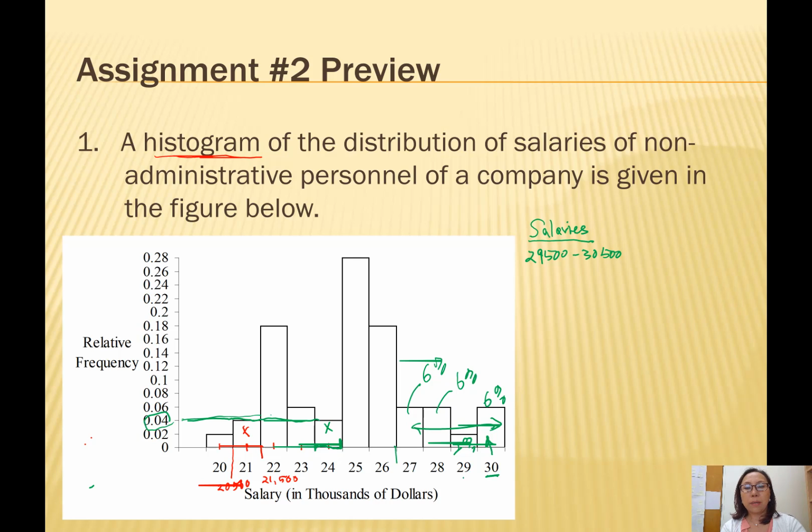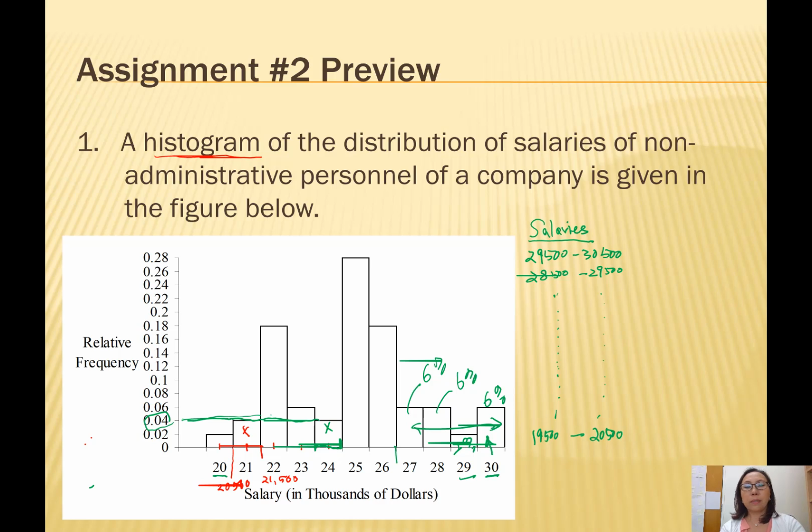The next one, the number 29, is representing 28,500 to 29,500. Okay. In a similar way, you will write down all the salaries all the way down to the bottom, to where the number 20 is, which would be 19,500 to 20,500. Okay. Now that is salaries.